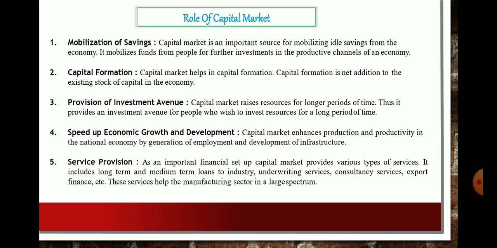So it will help in economic growth and development, because it will lead to employment generation, as we are investing huge funds. Service provision: here we are investing money in the service sector, not the product sector, so it will majorly include services only.